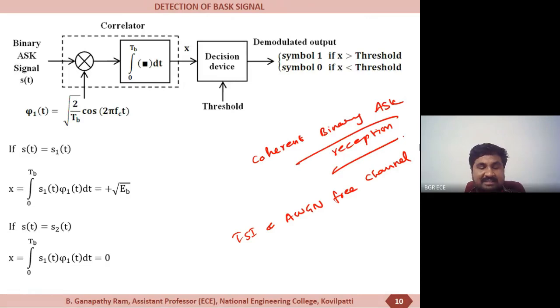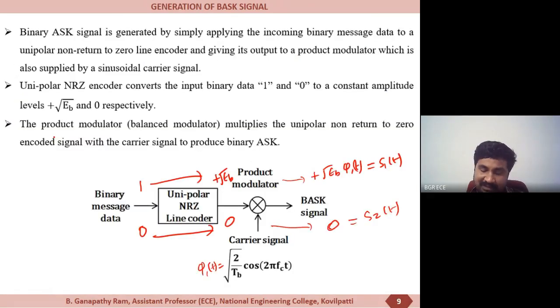The binary signal S of t is given to a correlator, which consists of a multiplier followed by an integrator, and the multiplier is supplied by the same orthonormal basis function which the transmitter has in its carrier oscillator.